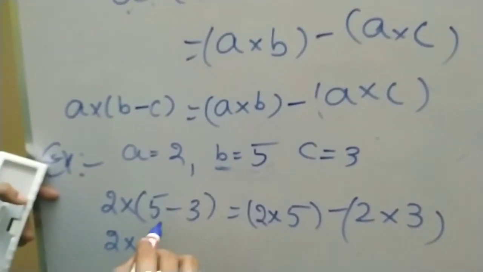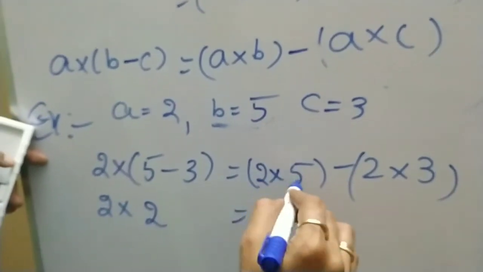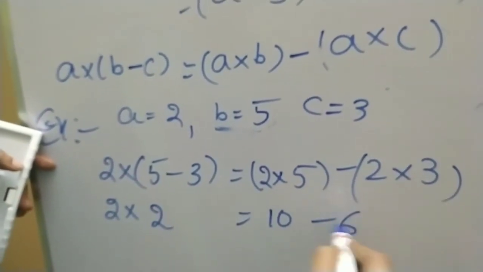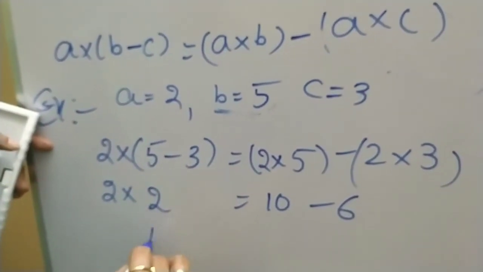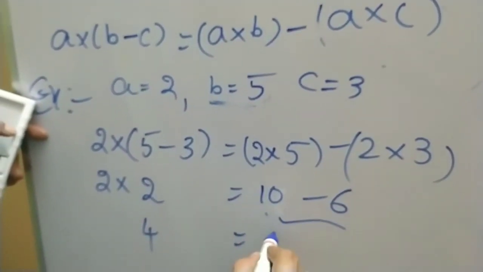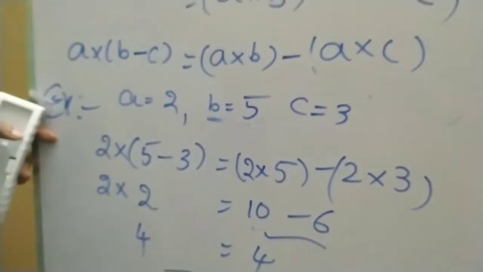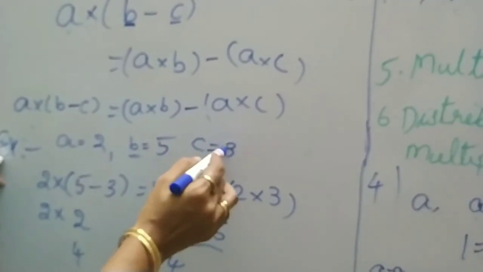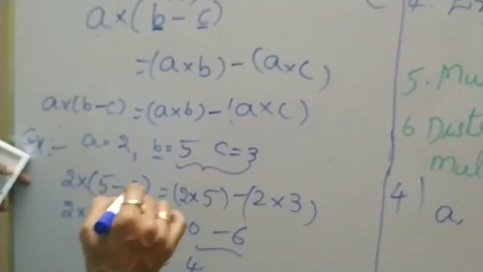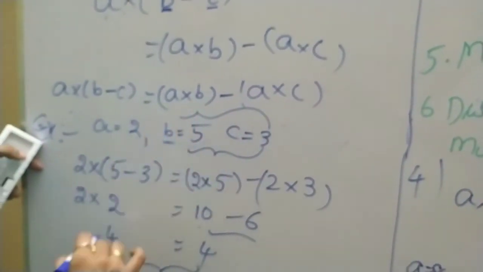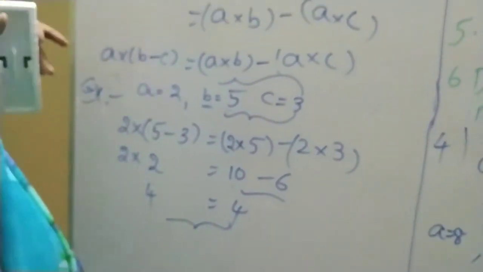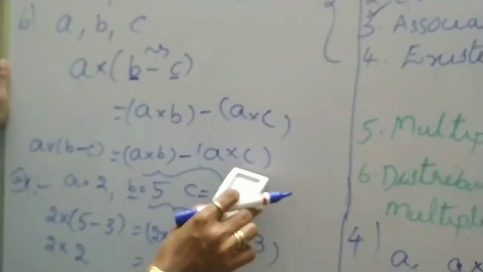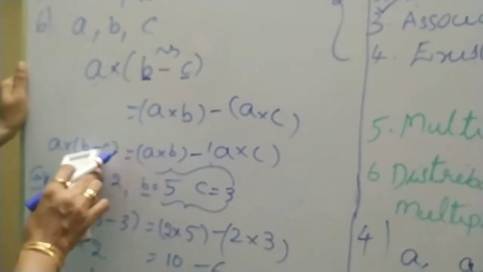What is 5 minus 3? 2. 2 into 5, 10, minus 2 into 3, 6. 2 into 2, 4. Here 10 minus 6, 4. Same. In the earlier example also, like that, 3 and 5 here I have exchanged, right? So if you do with 3, 5 also, at that time also you will get the same only. So this is distributive law of multiplication over subtraction here.